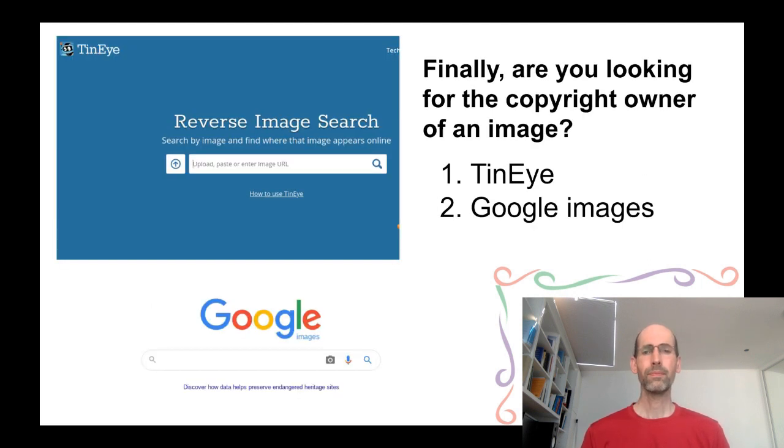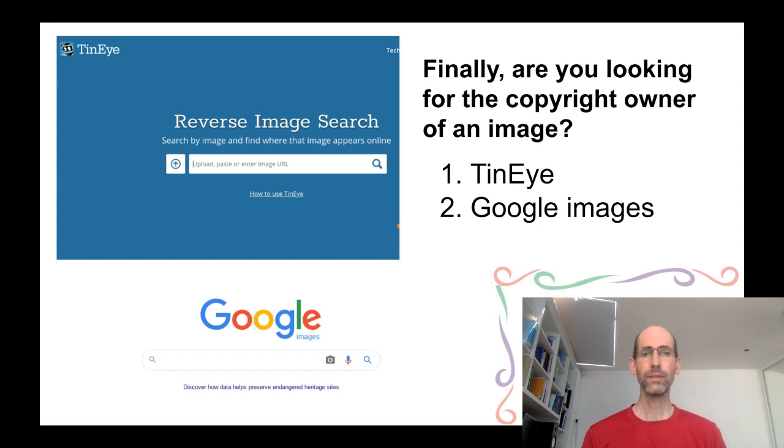Finally, in this section, if you're looking for the copyright owner of an image, there are some resources available to you. So, for example, you might have an image that you've come across and you have the image, but you've no idea who owns it or where it came from.